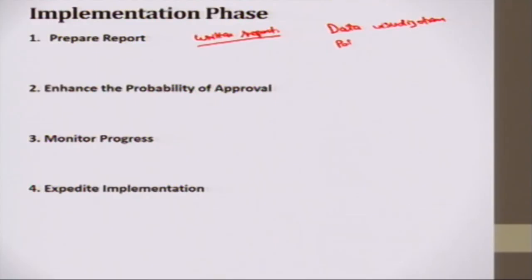He will see the potential savings or maybe profit. Then we enhance the probability of approval by involving the change to status quo. Because of this or other pressing priorities, a manager may be slow in making a decision. So, we enhance the probability of approval in some way.